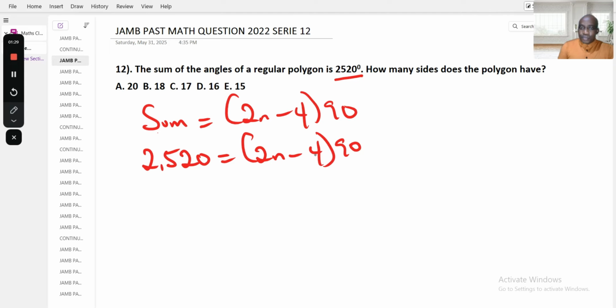Therefore, let's open the bracket. 90 multiplied by 2n is going to give us 180n. 90 multiplied by 4 is going to give us 360.